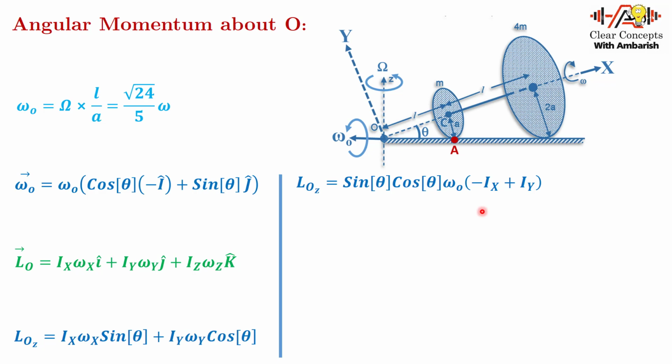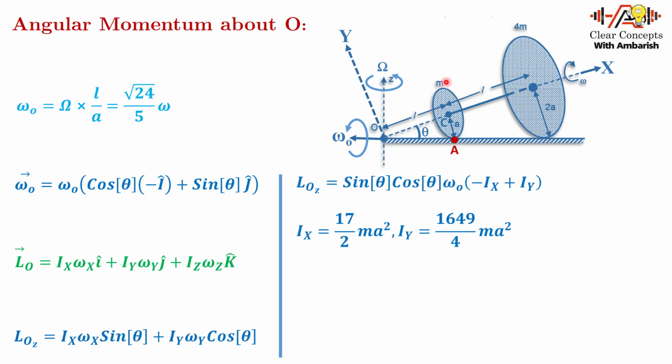Okay, and now I just need to substitute the values of Ix and Iy. Ix, the moment of inertia about the x-axis, is simple, that's 17 by 2 ma square, and Iy, if you calculate the moment of inertia about this axis, comes out to 1649 upon 4 ma square. In fact, you can see that the ratio of masses is 1:4 and the ratio of radii is 1:2, and you know that angular momentum has a dimension of m l square omega.